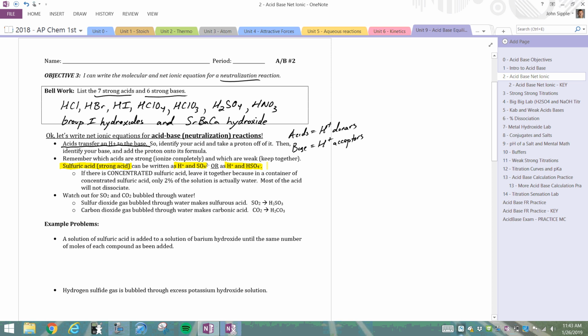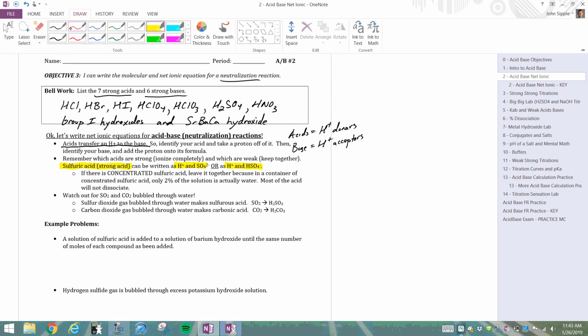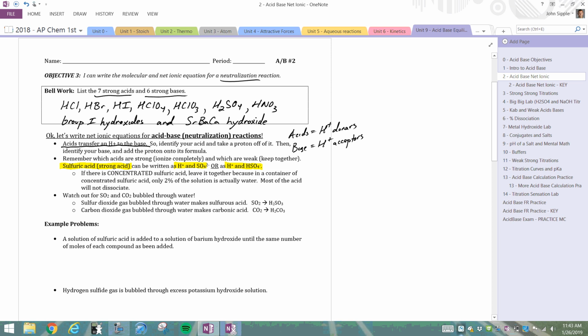Either way you write it is fine, but all strong acids are going to break up into their ions, as H plus and Cl minus for HCl. There is one case in which a strong acid will not break up: when they talk about concentrated sulfuric acid. You're going to leave that together as H2SO4.